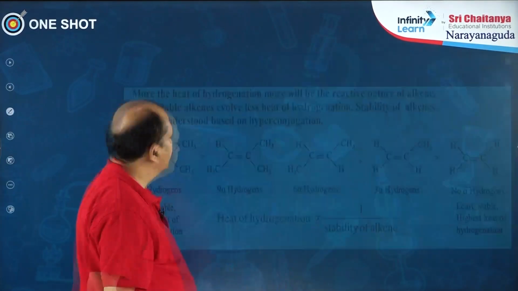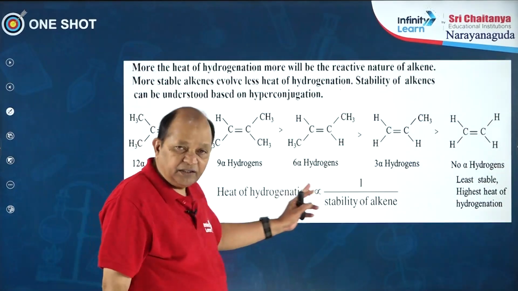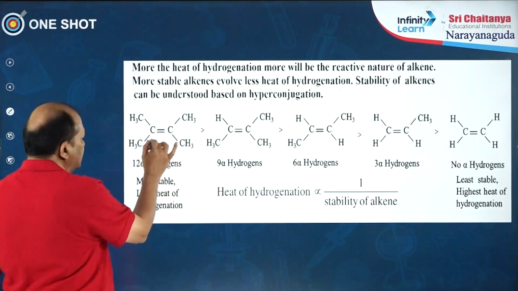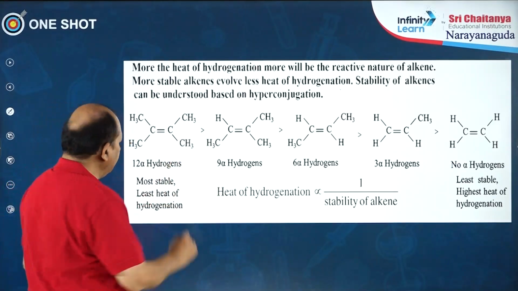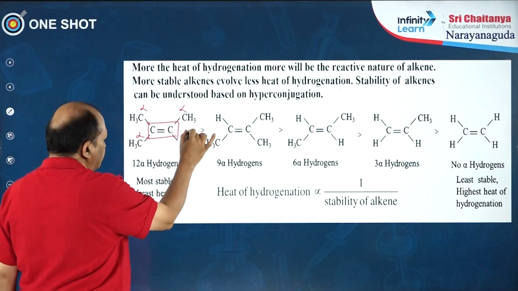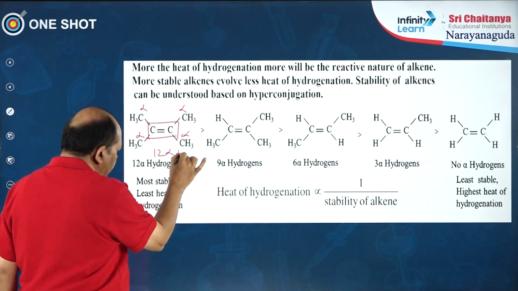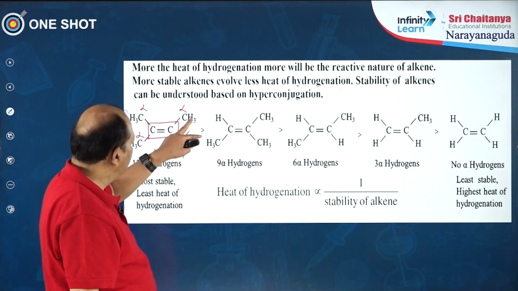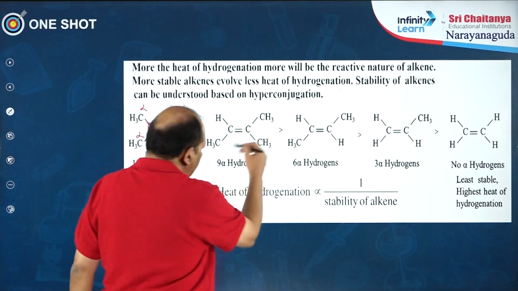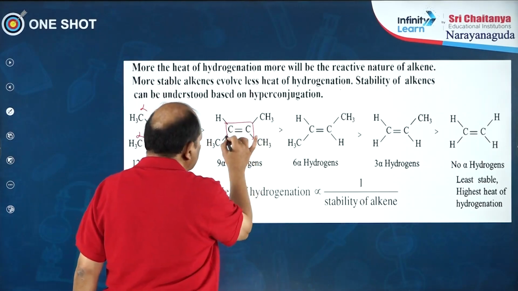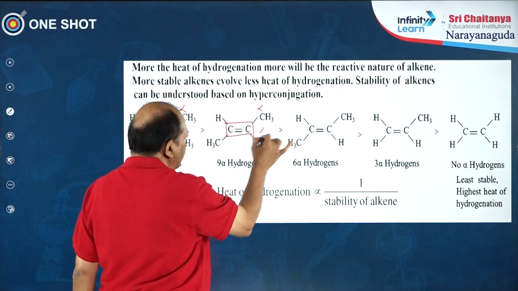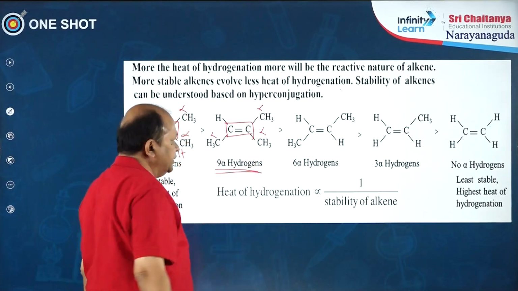Okay. Next one is related to the stability of alkenes, a very important one. Here, consider 2,3-dimethyl butadiene, with sp2 carbons; there are 4 alpha carbons having 12 alpha hydrogens. Therefore, it can exhibit 12 hyperconjugative structures. The next compound, 2-methyl butadiene, has only 3 alpha carbons and 9 alpha hydrogens.